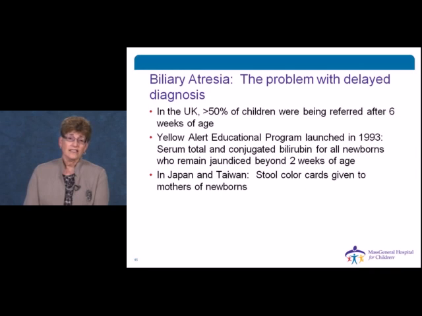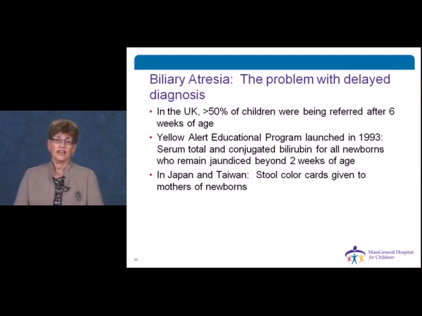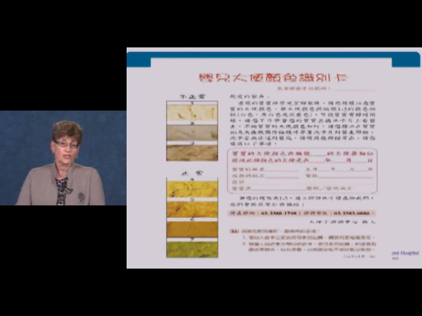So that's the problem with the delayed diagnosis. Back in the 90s, in the United Kingdom, greater than 50% of children were being referred after 6 weeks of age, and so they started a yellow alert education program where serum total and conjugated bilirubin was done for infants who remain jaundiced beyond 2 weeks of age. Some of the success in Japan and Taiwan of finding children earlier are these stool color cards that are given to mothers of newborns.